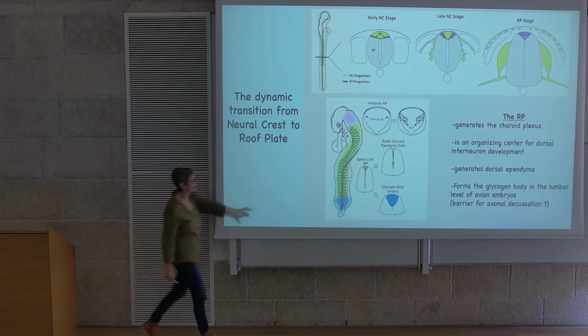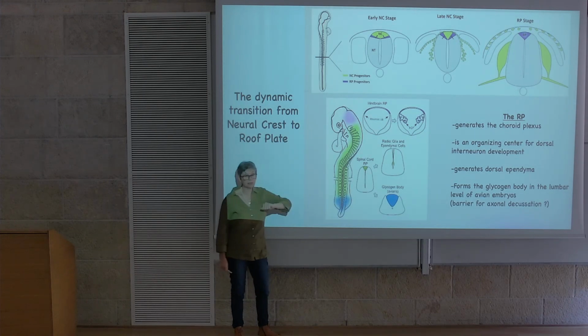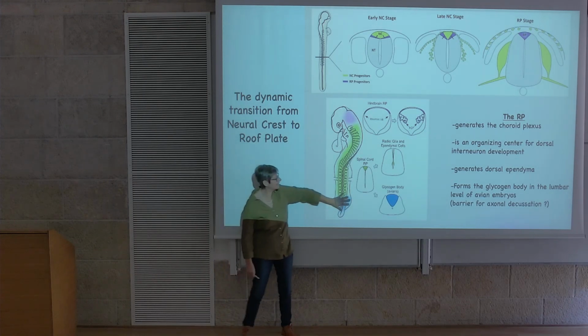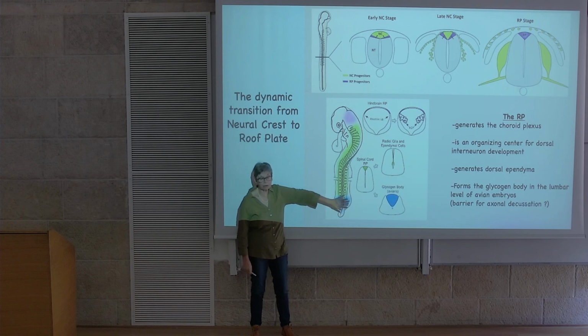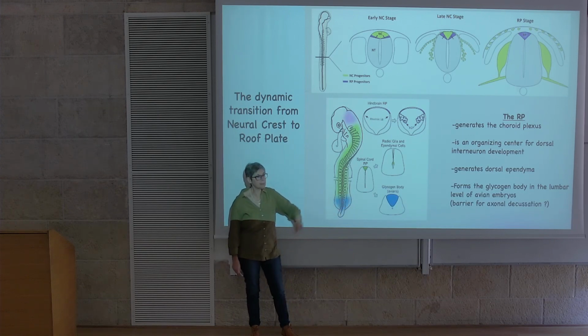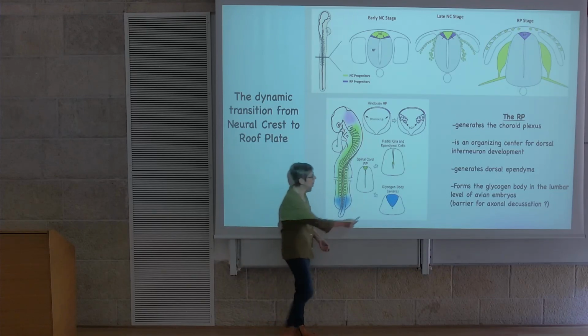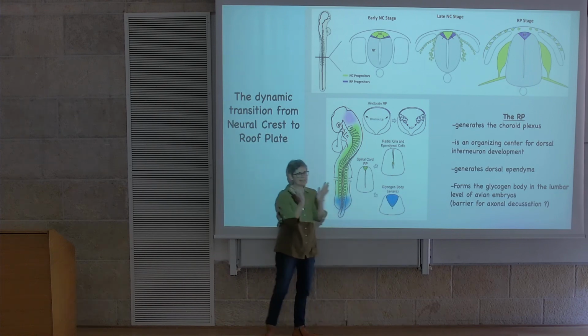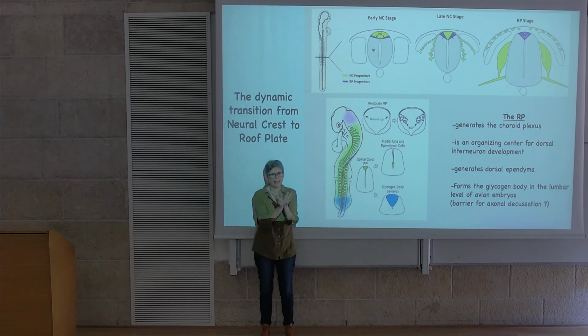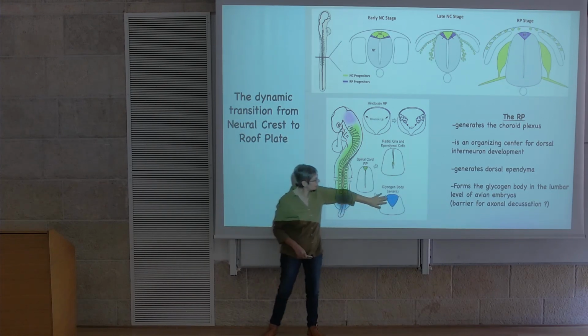And at the tail region, the lumbosacral region of the axis, what we know is that only in avian embryos, chick, quails, birds, there is a very specific structure generated from the roof plate, which is called the glycogen body. It's like a kind of tumor that arises from the roof plate.